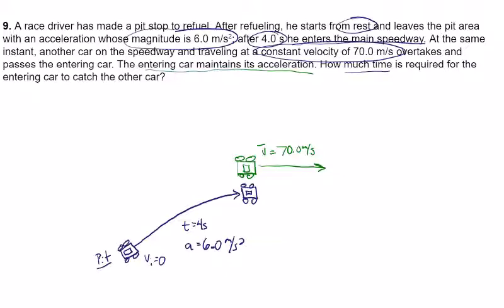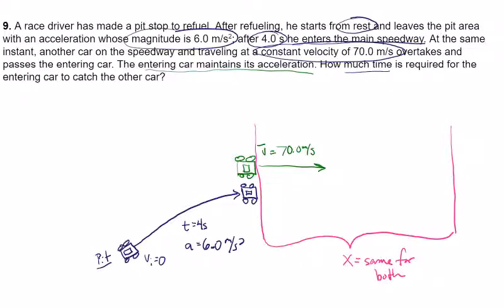So at this moment in time, we know the two cars are side by side. What's going to happen is sometime later, they're going to be side by side again. So we have to realize this displacement is going to be the same for both. Because they were side by side, then we can use that to our advantage.